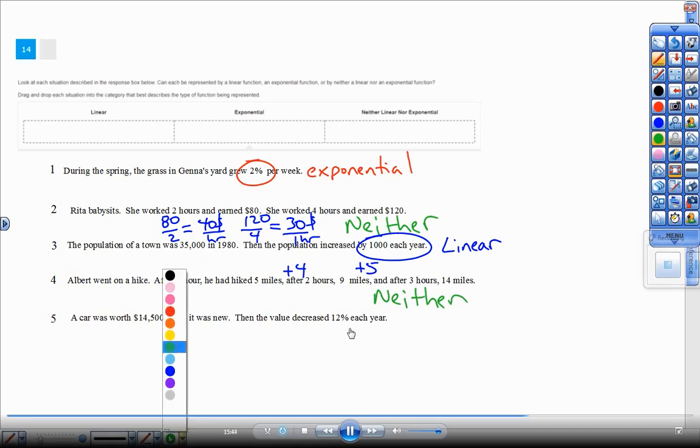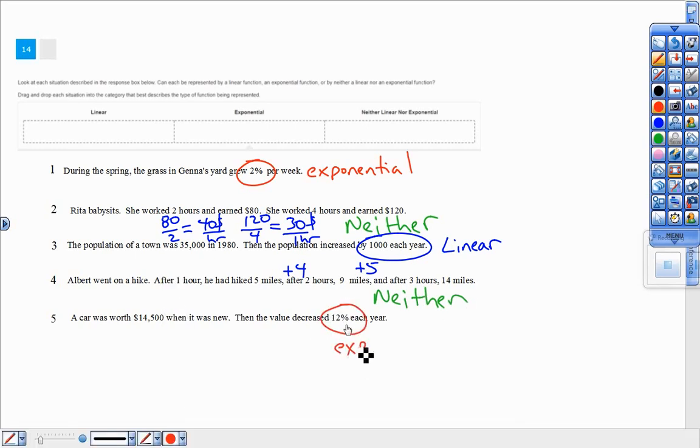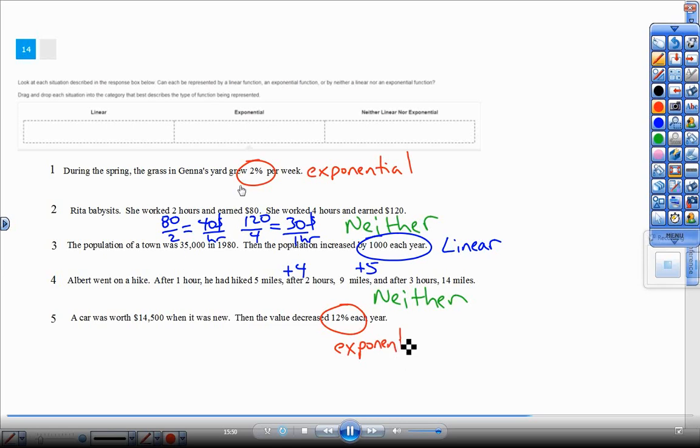And then number 5, any percent automatic exponential. You're going to be clicking and dragging these into the boxes tomorrow. Click and drag. So for this one though, linear is going to be number 3. My two exponentials are 1 and 5. And my neithers are 2 and 4.